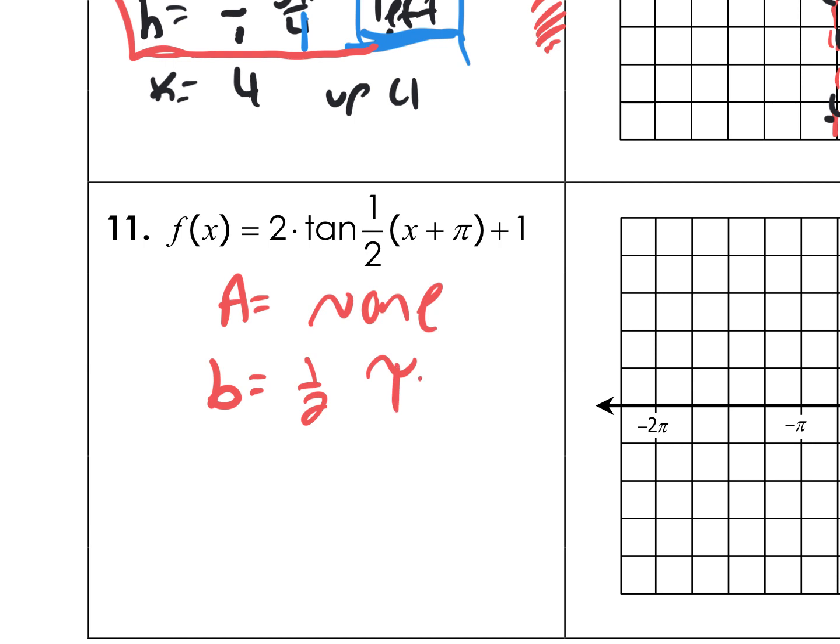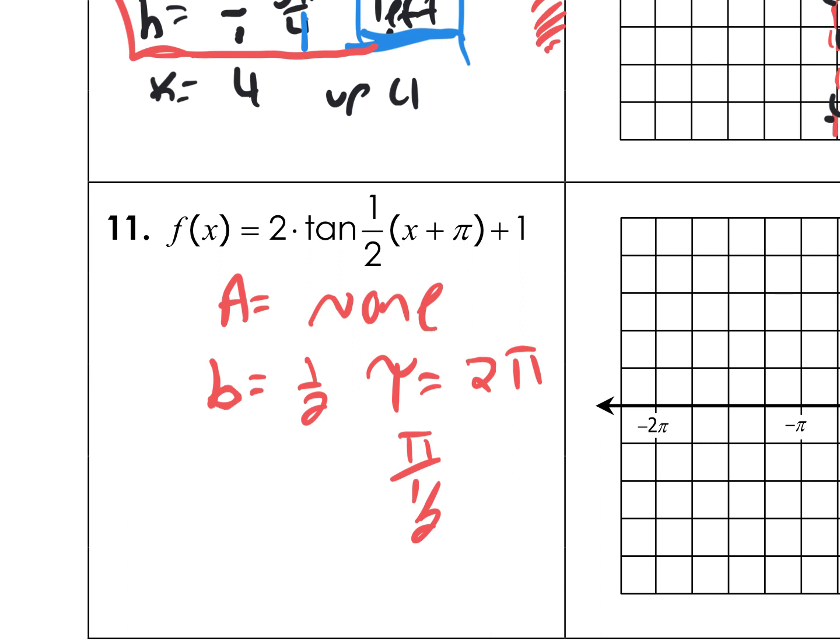What's my period? What's pi divided by a half? No. You're dividing by a half, not multiplying by it. It's 2 pi. Pi divided by a half means you flip the half.